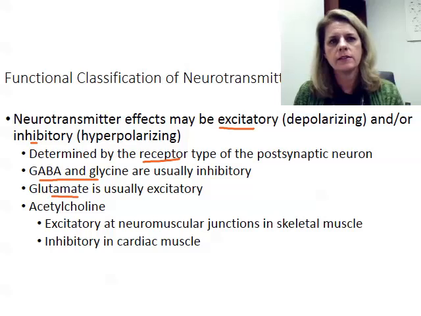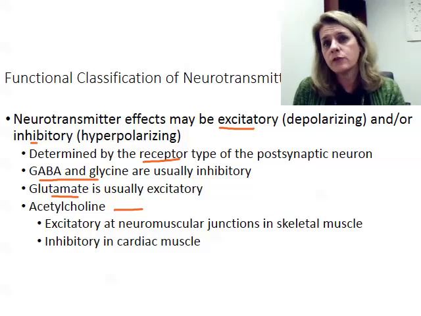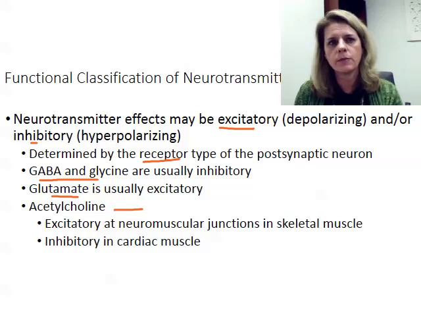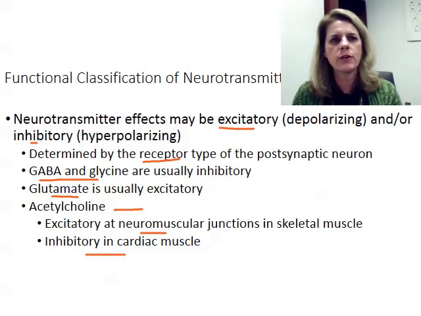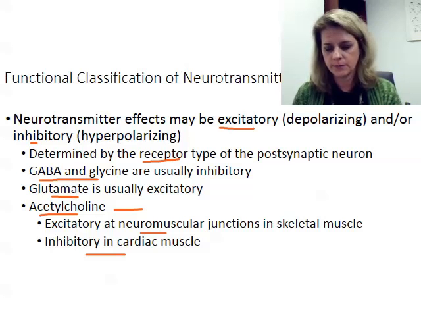And glutamate is typically excitatory. It opens up a channel that allows your membrane to depolarize, so it becomes more excitable. And then acetylcholine, it does both, but it just depends on the receptor. So at the neuromuscular junction, it's excitatory, but in the cardiac muscle, it's inhibitory. So it depends on the receptor. So the neurotransmitter itself is exactly the same. It's the receptor that's different.